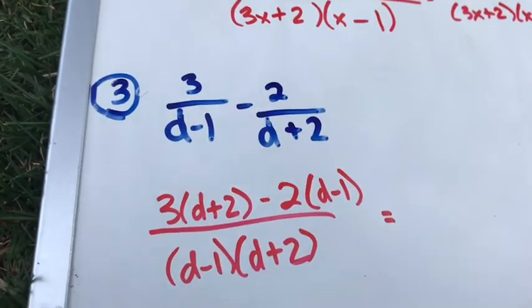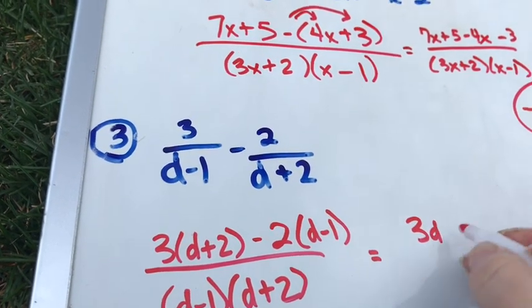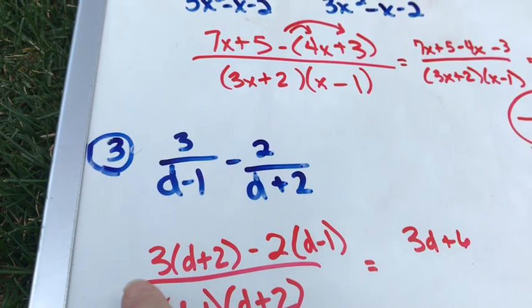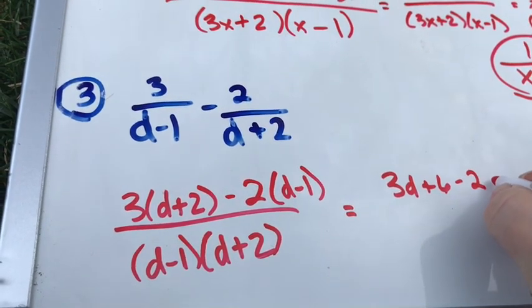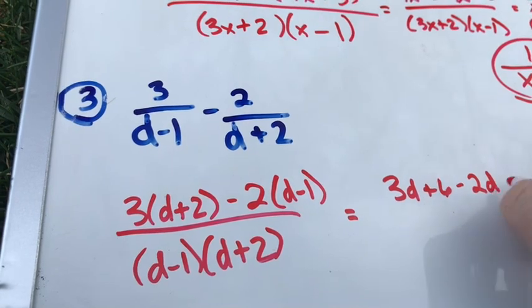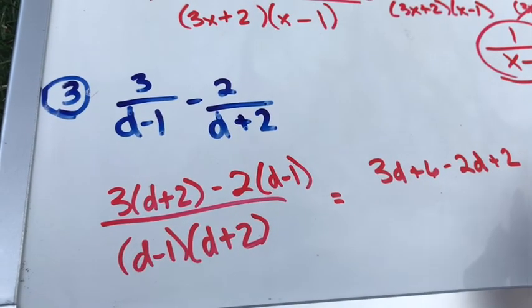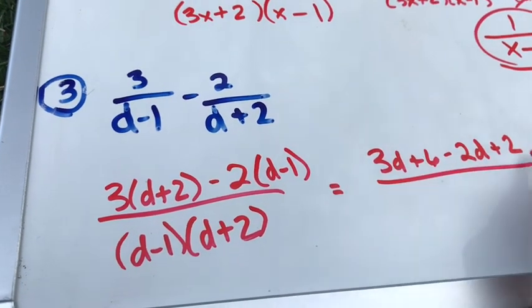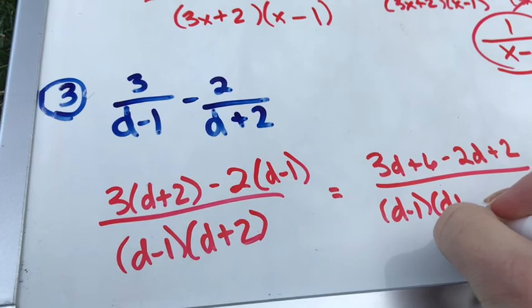I'm multitasking and it's not as easy as it seems like it should be. So 3d plus 6 minus 2 times d plus 2, over the d minus 1 and d plus 2.